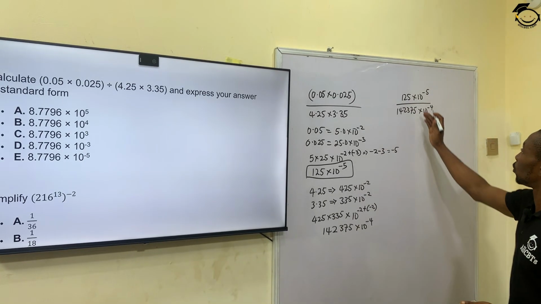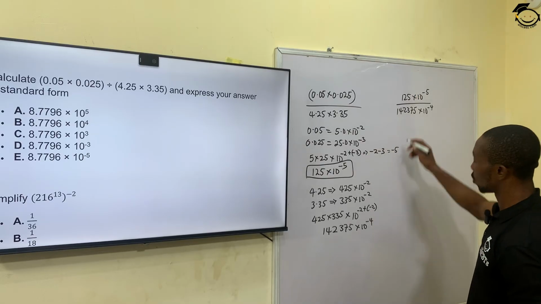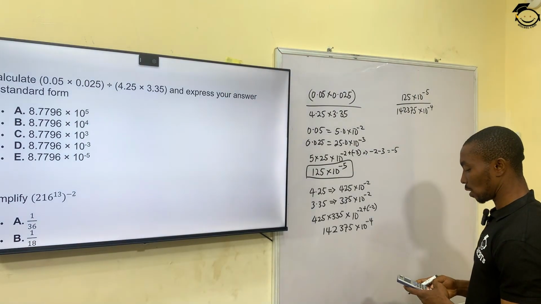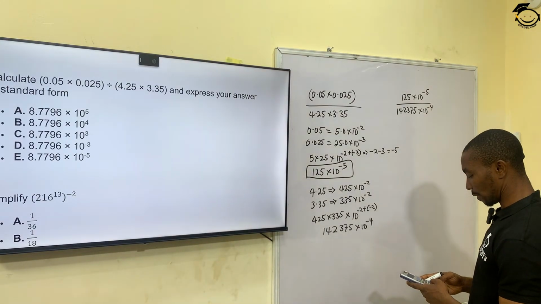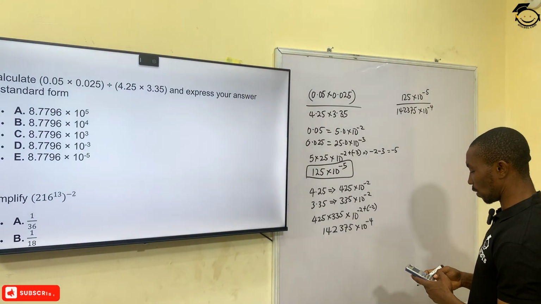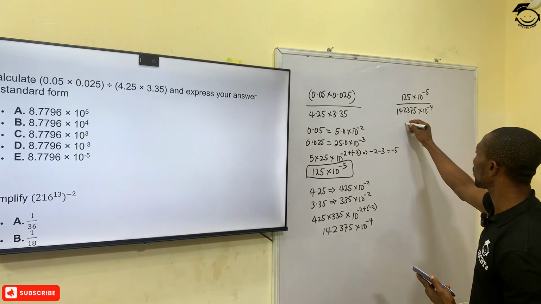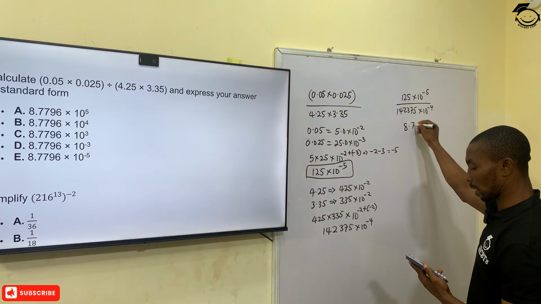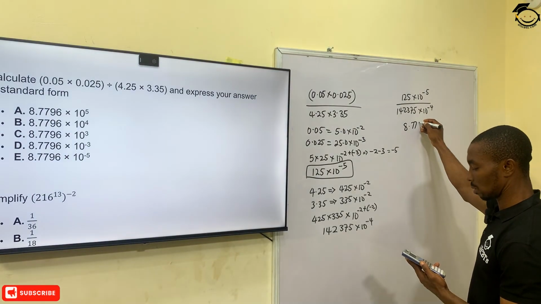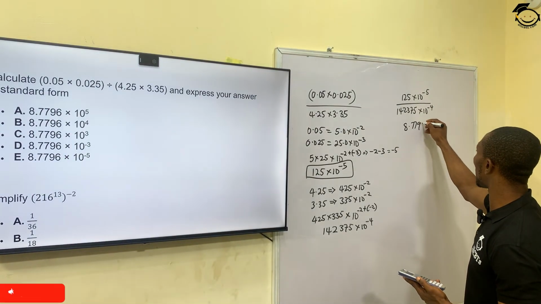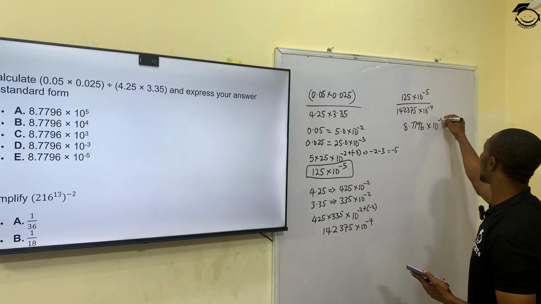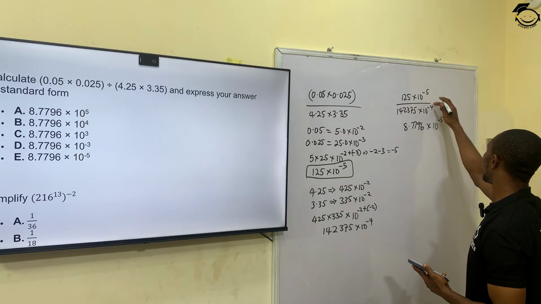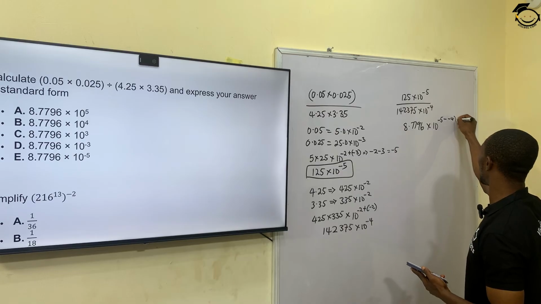Okay, so separating our whole numbers, we have 125 divided by 142,375. This will give us 8.7796 times 10 raised to the power minus 5 minus, because of this division, minus 4.